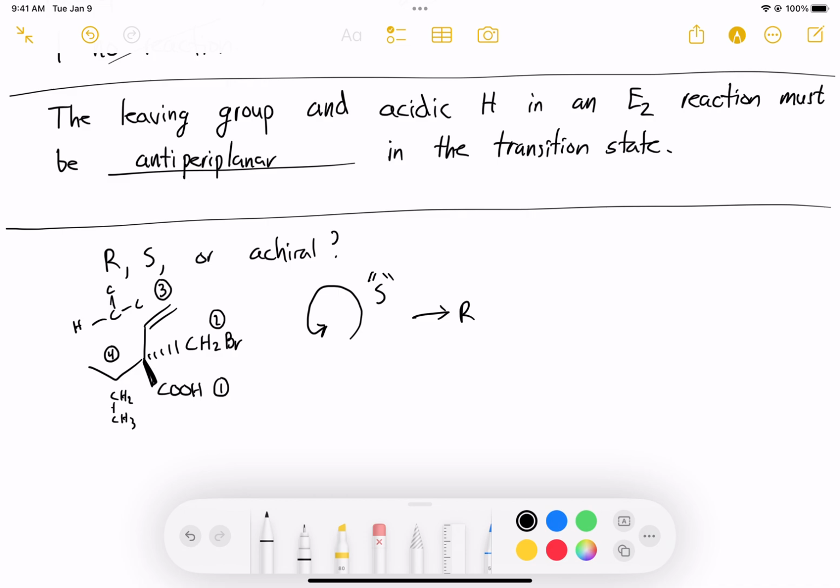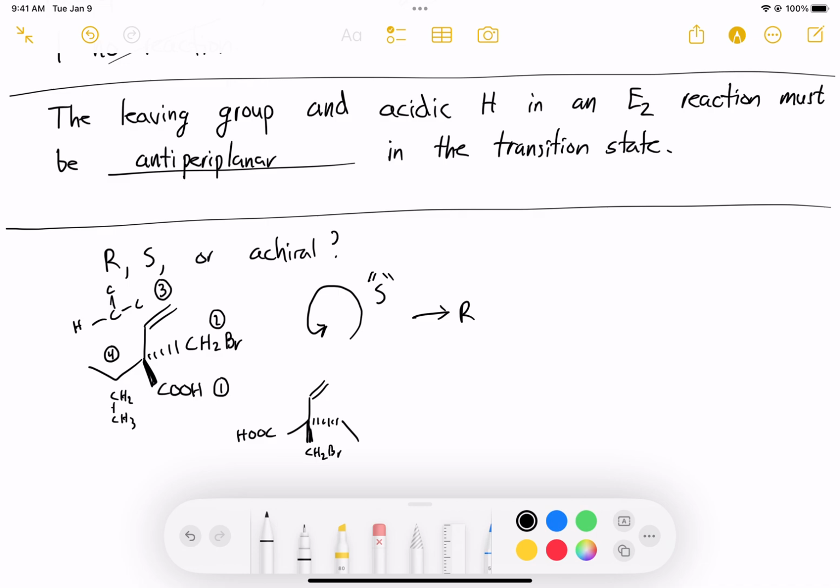If we did rearrange it, say we did this, okay, we're going to rotate things a bit. So now the dash is the ethyl group, and then what comes over here is COOH, and then on the wedge is going to be the CH2Br.